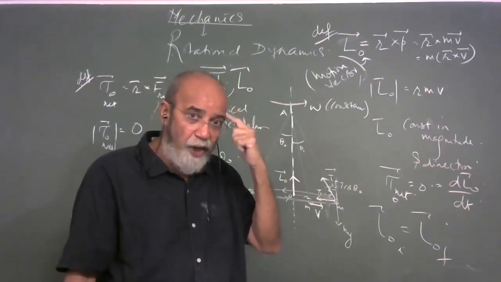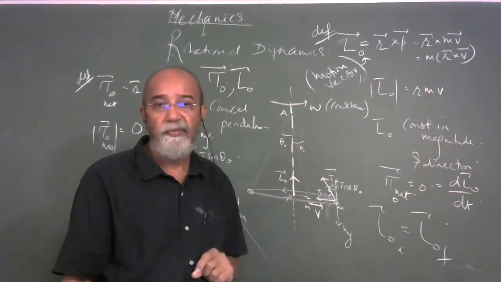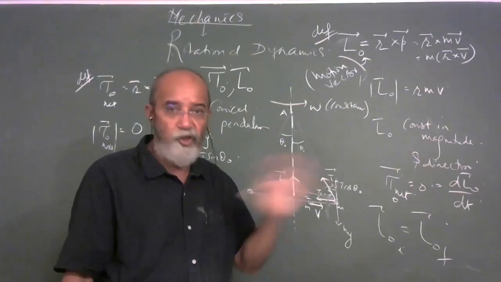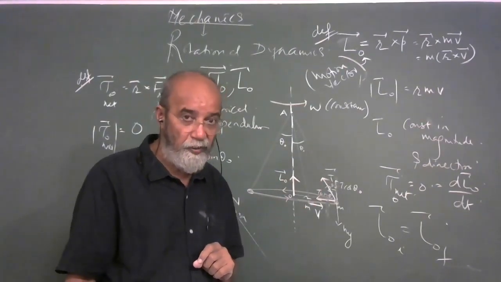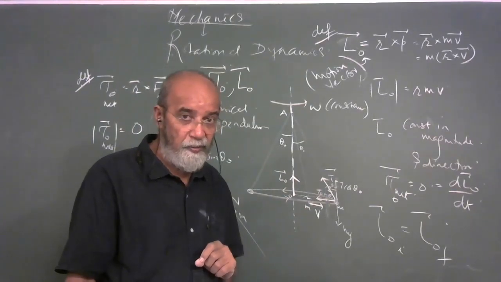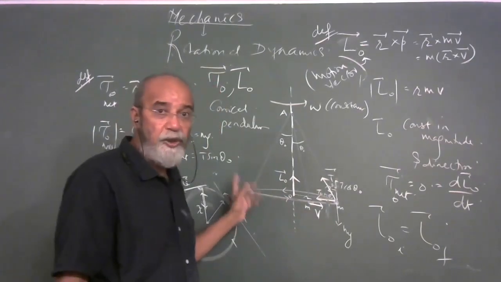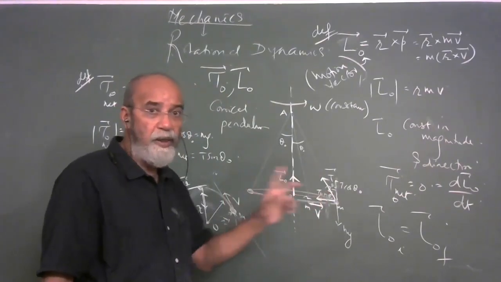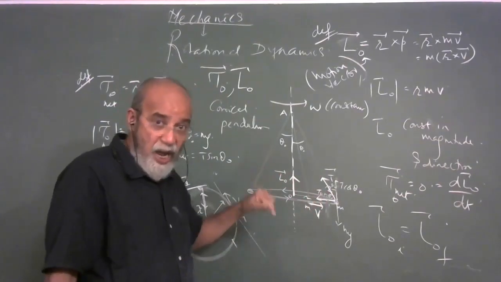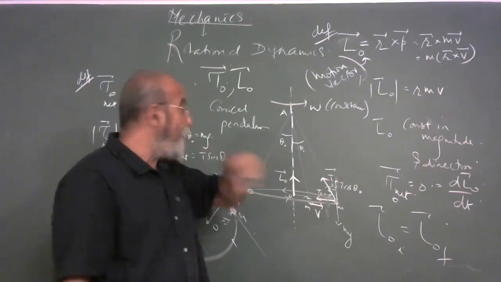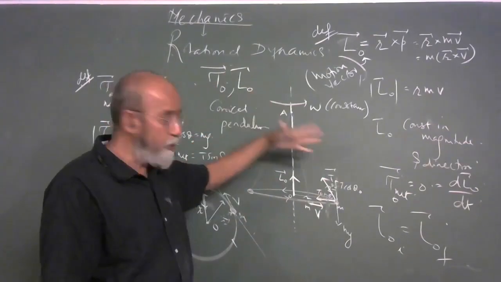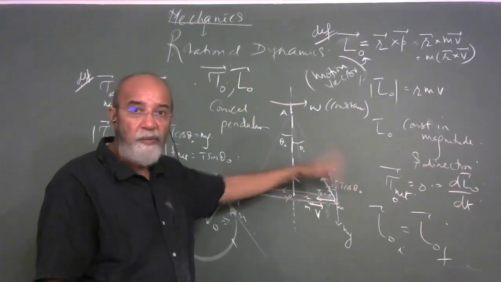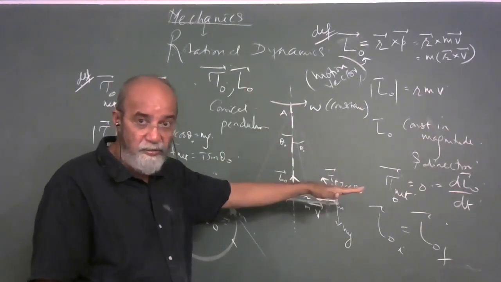The guy who thought of the definition was a genius. A dynamic situation, which is not a very difficult thing to analyze, but I am trying to stress the mutual relationship between torques and L's, between these two vectors.